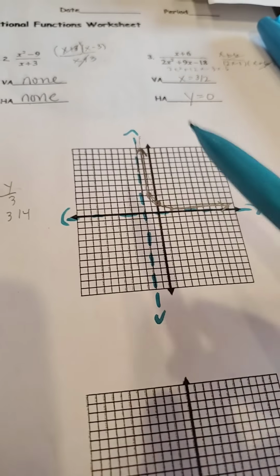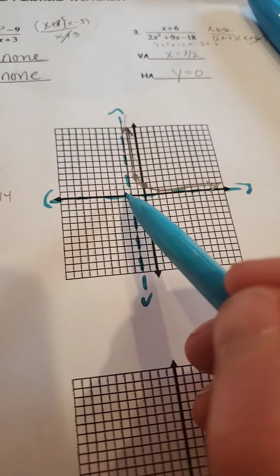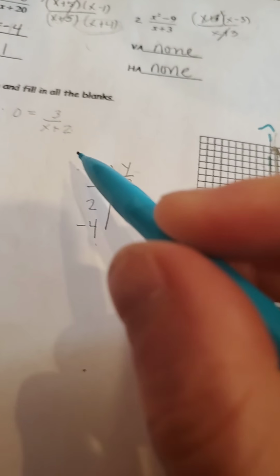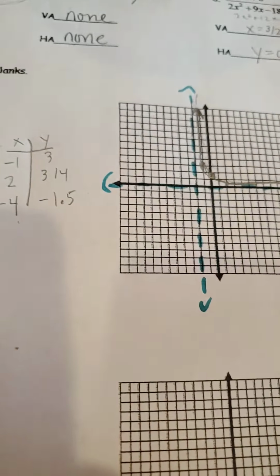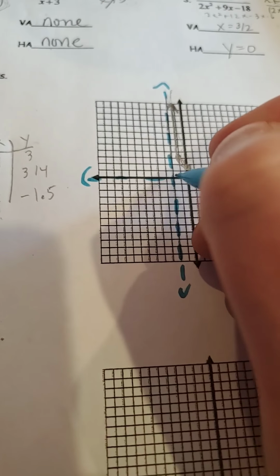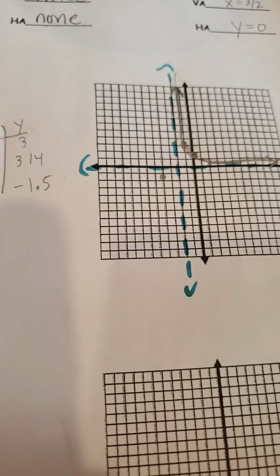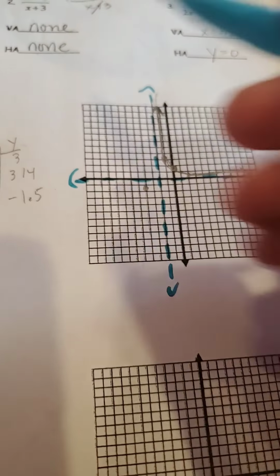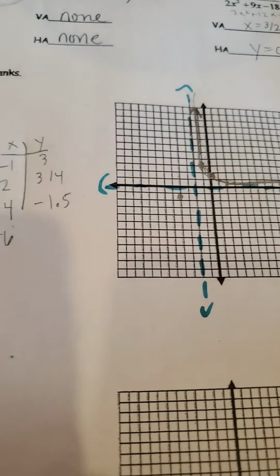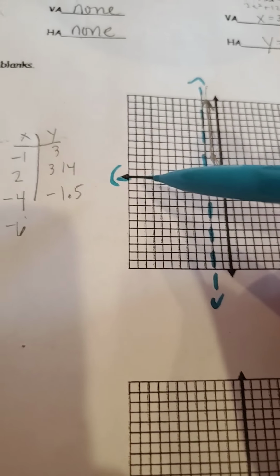On the other side of the graph, I'm going to plug in a -4. When I plug in -4, I get negative 4 plus 2 is negative 2, negative 1.5. So 1, 2, 3, 4, approximately there. And once again, the behavior is going to hug the asymptotes. So if you like a little more verification, plug something a little more to the left of that.